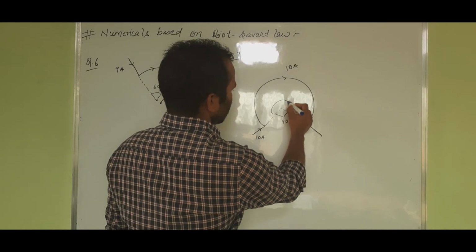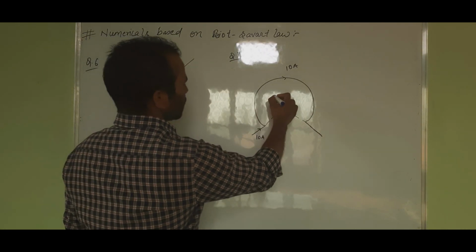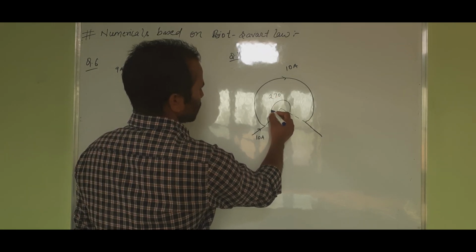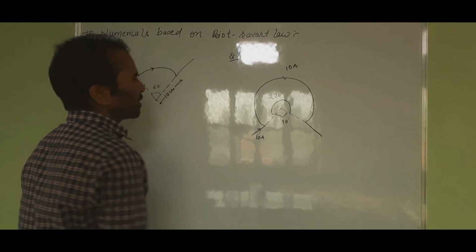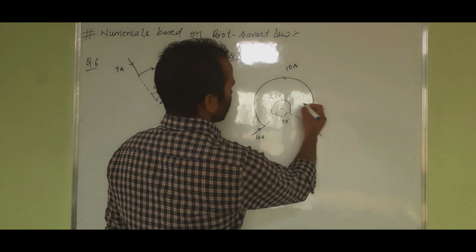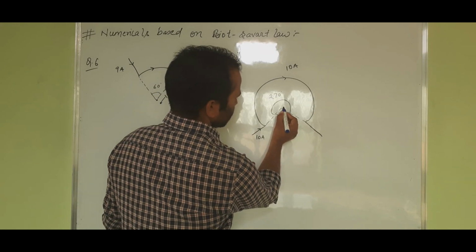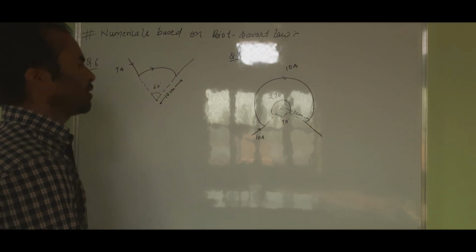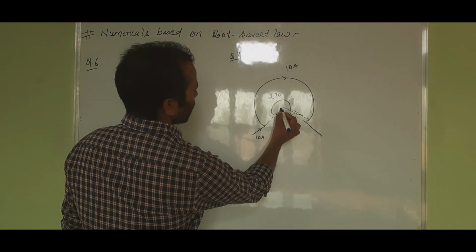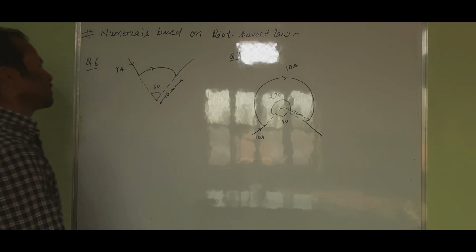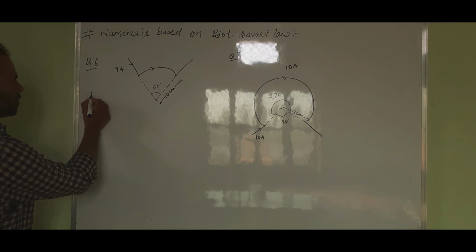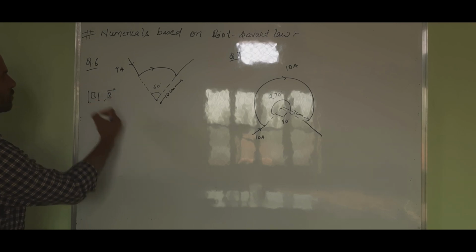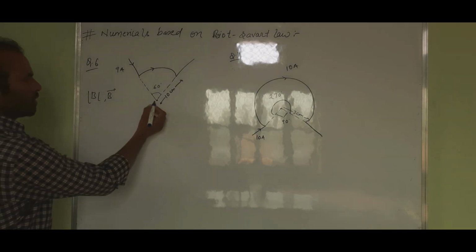So this angle will be 360 minus 90, that is 270 degree. The radius of this arc is 3 centimeter as given in the question. We have to find the magnetic field at the center, at this point, the magnitude and the direction, both.